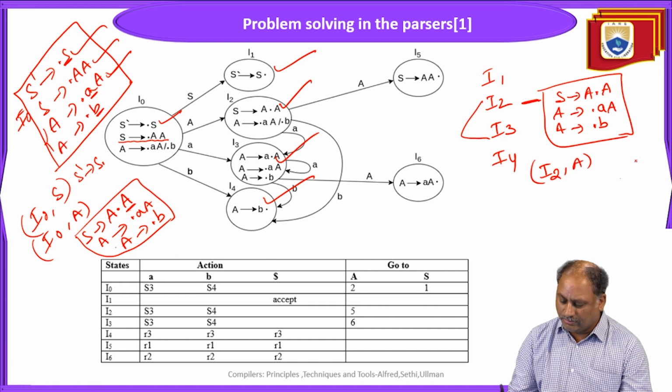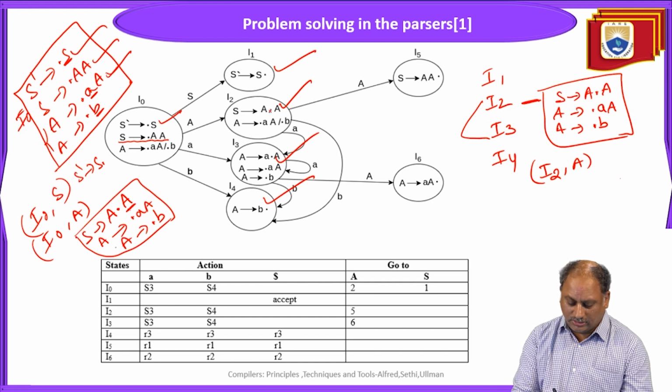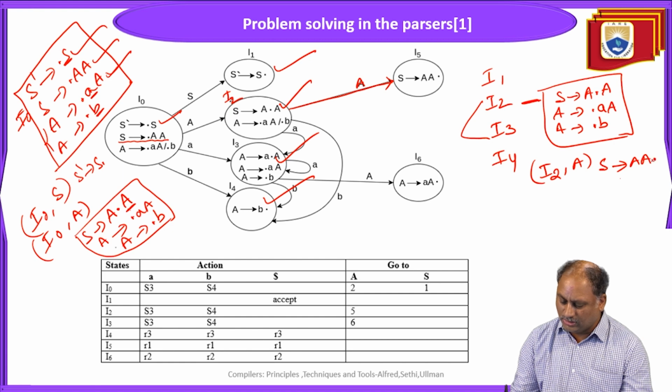So if you apply I2 comma capital A, what we will get: S derives A A dot. So it reached the end. That means after this there are no other symbols. So that's why you can name it a new state, I5, and we can stop this I5.